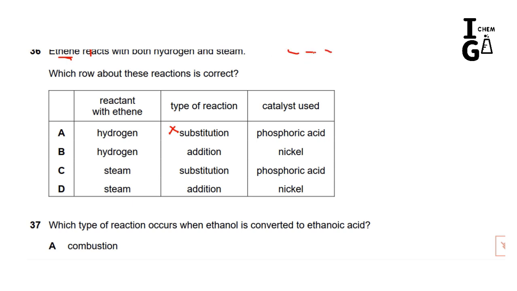Because this is an alkene, alkenes react by addition. So the second one here is correct, addition. And the catalyst used here is nickel. So this is the correct answer actually. But the first one is not correct because of the substitution and phosphoric acid. Here for steam, this is substitution, and this is addition, and this is not correct regarding this stuff. So the correct answer is B.